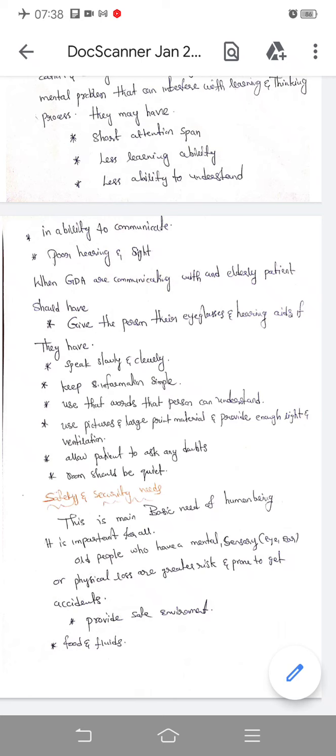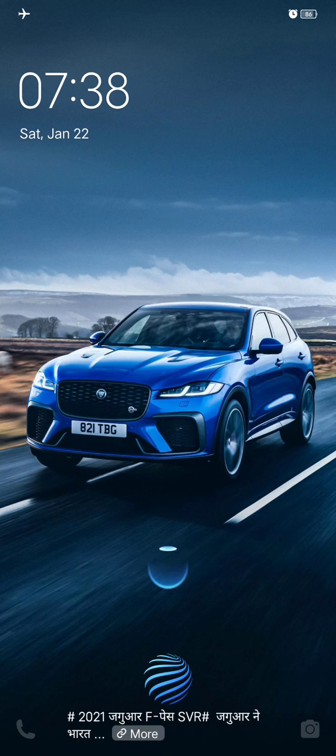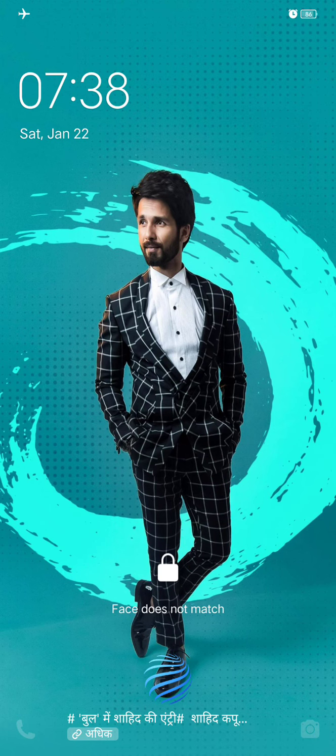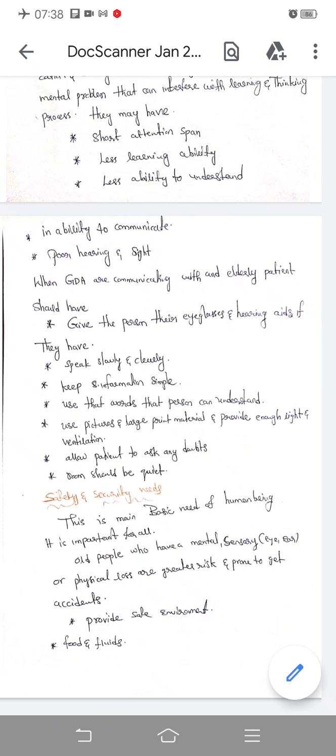Otherwise they will fall down and may get fractures because of less calcium. More old age people are going to get fractures. So we have to take proper care of these people.